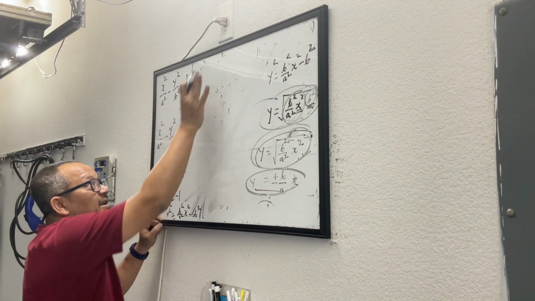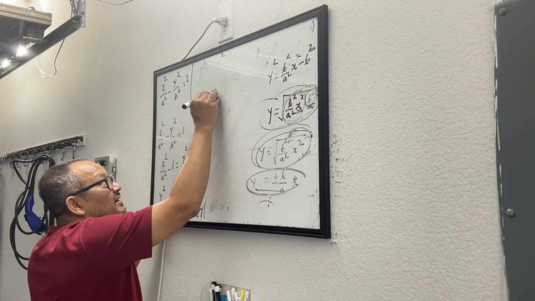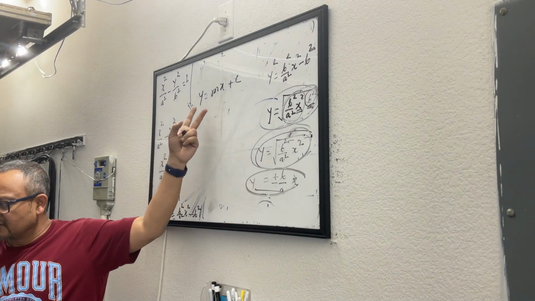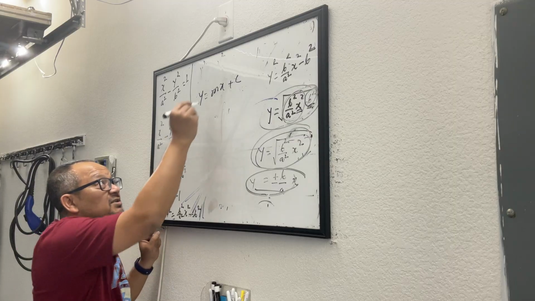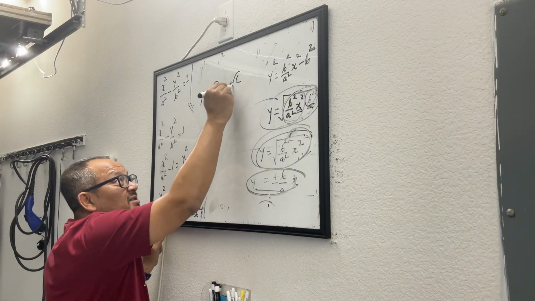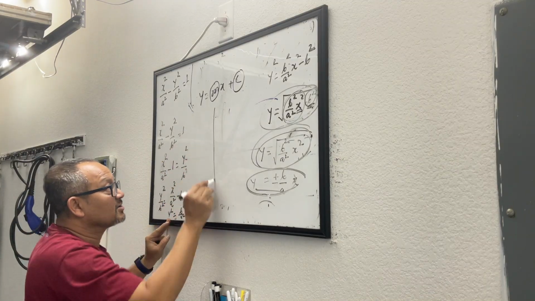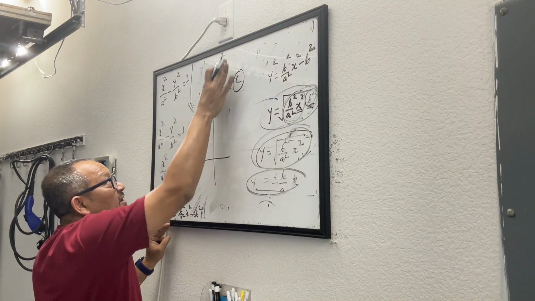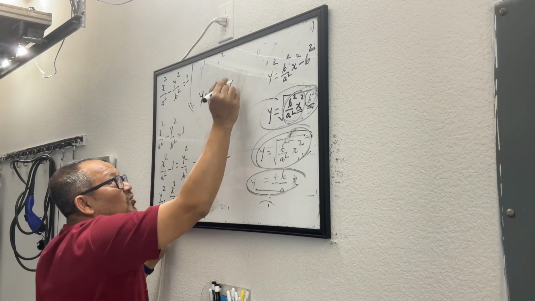A quick recap of what we already know. This is a linear equation, simple, y equal to mx plus c, the slope intercept form. What is this? Slope. What is this? Y-intercept. If you visualize that in a coordinate plane, let's say I replace m with 2 and c with 1.